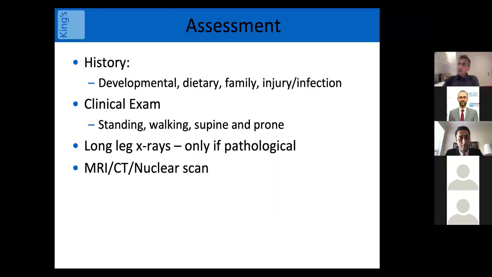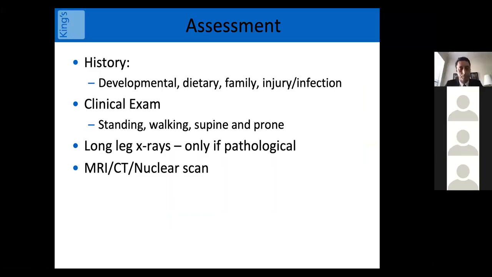It's very important that the diagnosis is mainly by history, and history alone: normal development, normal diet, no family history of syndromes, no injury or infection, and generally the child is developing normally, then it's physiological.